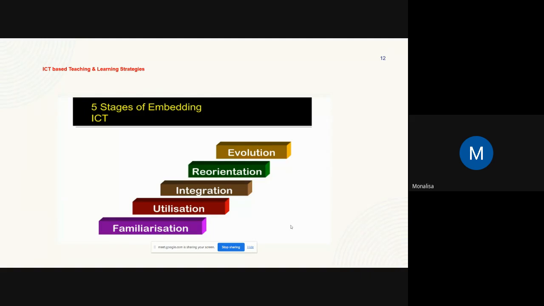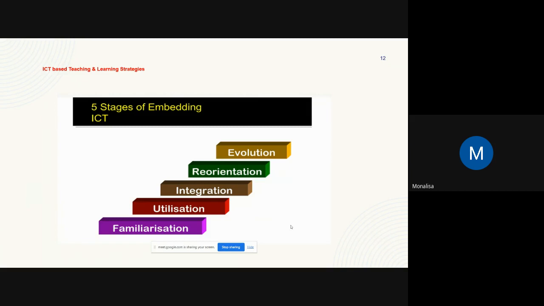Coming to utilization, a teacher becomes increasingly aware of the benefits of the technology and begins to incorporate it into teaching, often replacing former activities with ICT alternatives. This begins to have a beneficial effect on the teaching and learning process.